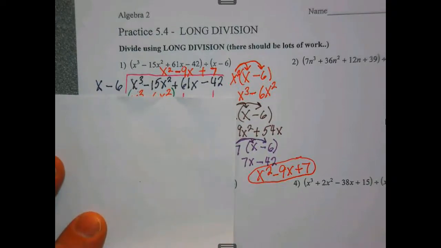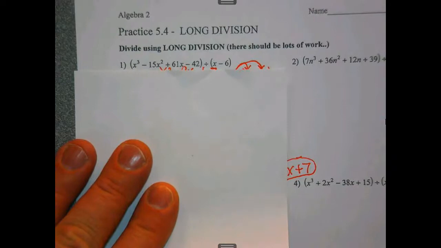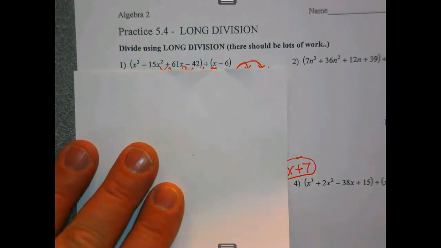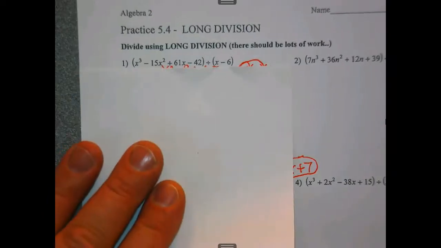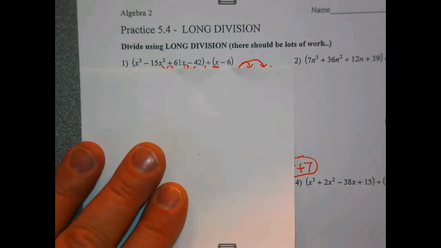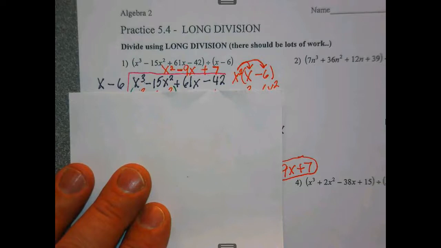Yeah, that means my x minus 6 is actually a factor of x cubed minus 15x squared plus 61x minus 42. By the way, how many factors are in x cubed minus 15x squared plus 61x minus 42? How many of these factors are we going to have? Up to 3, right?